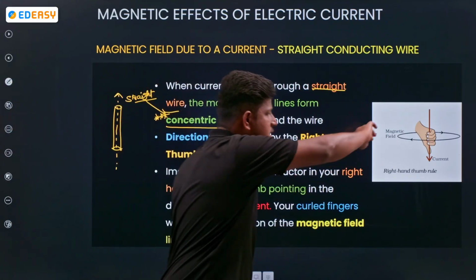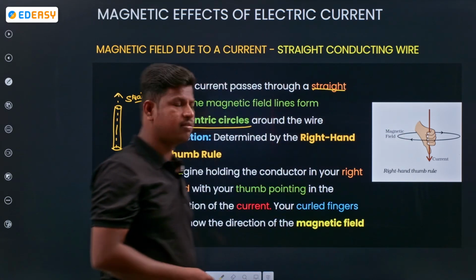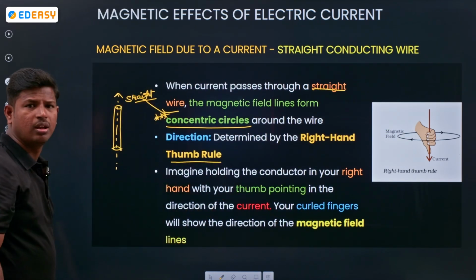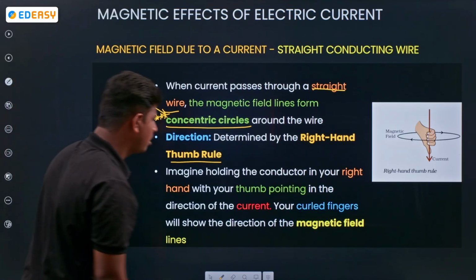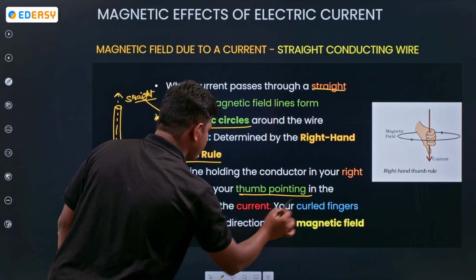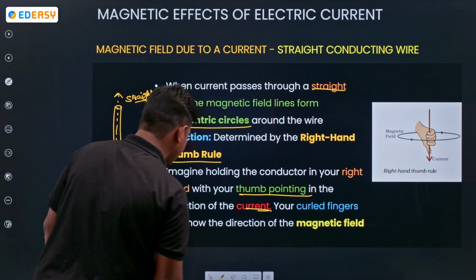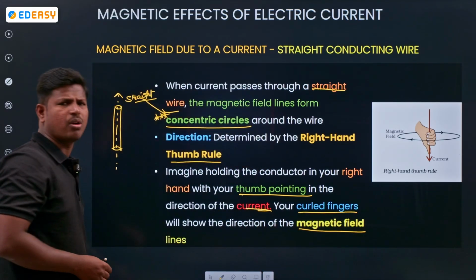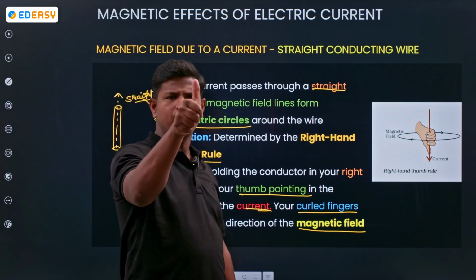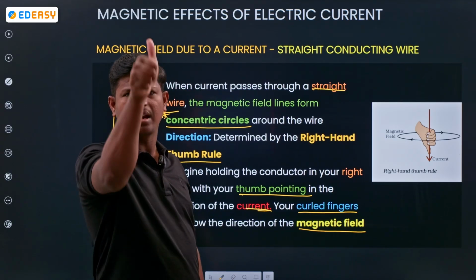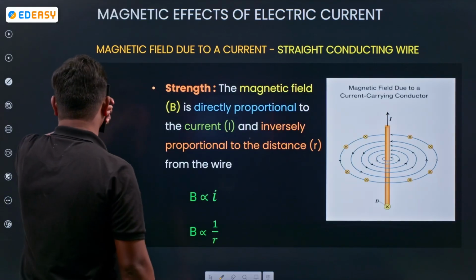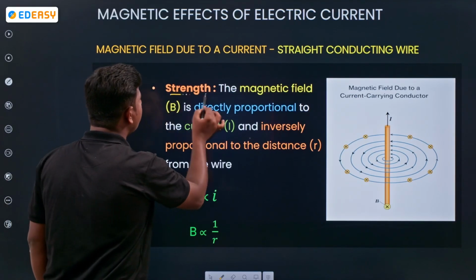Look at the diagram. Circles are produced, and we follow the right hand thumb rule. The thumb represents the current, and the curl fingers represent the magnetic field lines. Remember: thumb is current, curl fingers are the magnetic field.